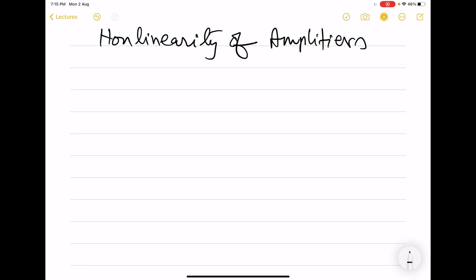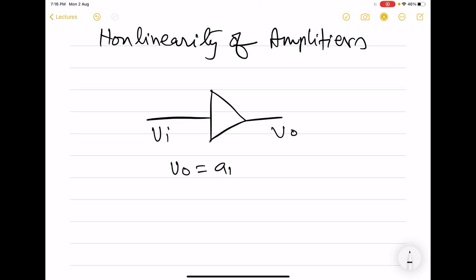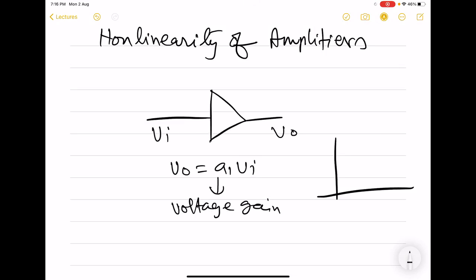So for an ideal or linear amplifier, if it is being fed by input voltage Vi and the output voltage is Vo, then the output voltage will be a scaled up version of the input voltage by factor A. And we say that this is the voltage gain of the amplifier, and the plot of Vi and Vo is going to be a straight line with slope equal to A1 passing through origin. And we say that this is a linear amplifier.